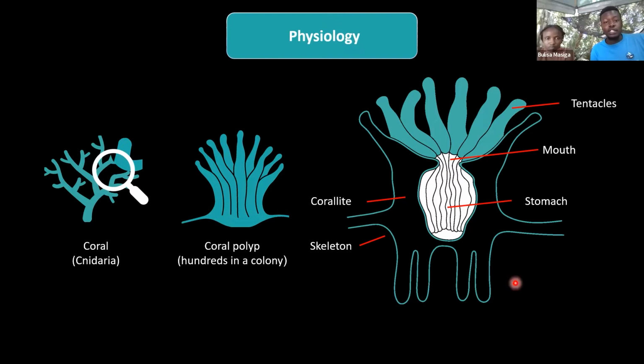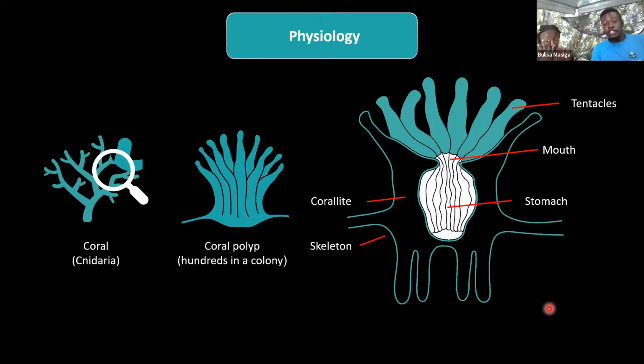We'll look at the structure of a coral polyp. Basically a polyp is surrounded by a calcium carbonate skeleton. As we see here, this outline on the outside is the calcium carbonate skeleton, and it's surrounding the main body of the polyp, which is right in the middle of the skeleton.